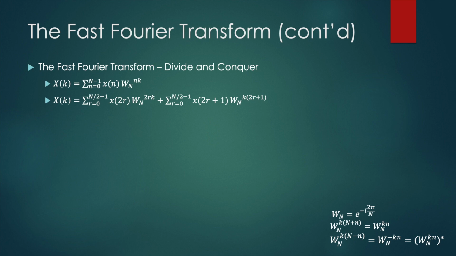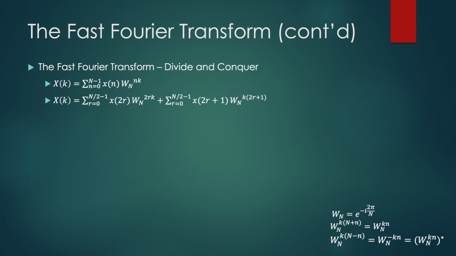Now in the even sum, we have what appears to be a smaller DFT of half the size, except there's a factor of 2 in the exponent for Wn. Well, that factor of 2 can be moved to the base of the exponential's fraction.